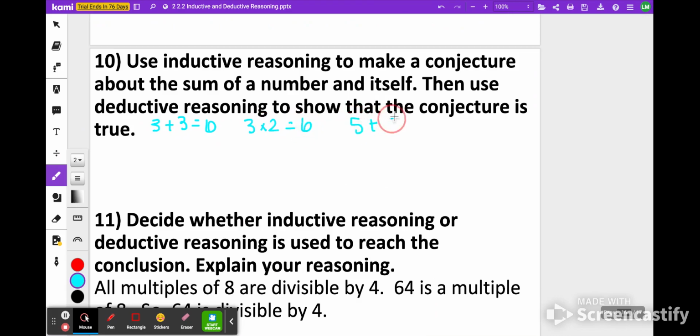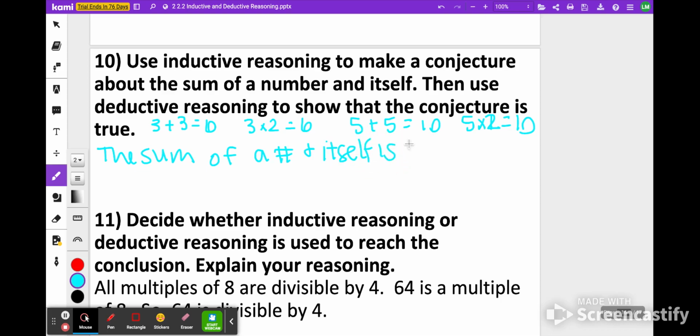Or 5 plus 5 is equal to 10, that is 5 doubled to get 10. So what we can say is the sum of a number and itself is twice the number. We can always prove that with, let's say, x plus x equals 2x.